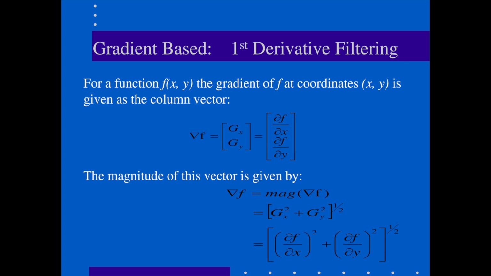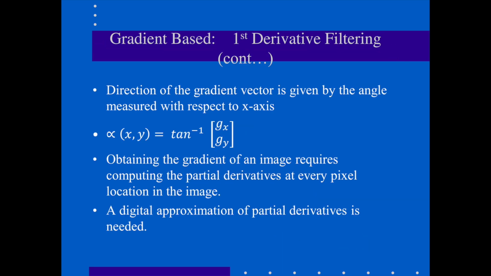The magnitude of this vector is the magnitude of del f, that is the root of gx square plus gy square. That is the root of dou f by dou x the whole square plus dou f by dou y the whole square. We can also calculate the direction of the gradient vector, given by the angle measured with respect to the x-axis. That is, alpha of x, y is equal to tan inverse of gy by gx.